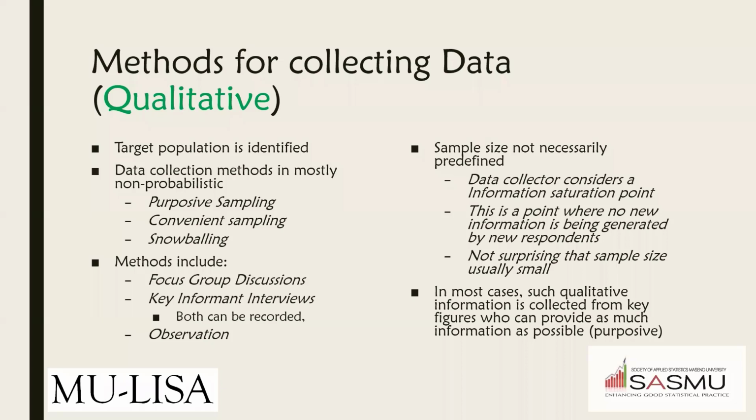And one of the methods of collecting data, rather than just having one by one only, is the use of focus group discussions, and of course, key informants, which is common all over, and I think we'll come back to those. Now, a bigger difference with quantitative is that in qualitative, the sample size is not necessarily predefined.